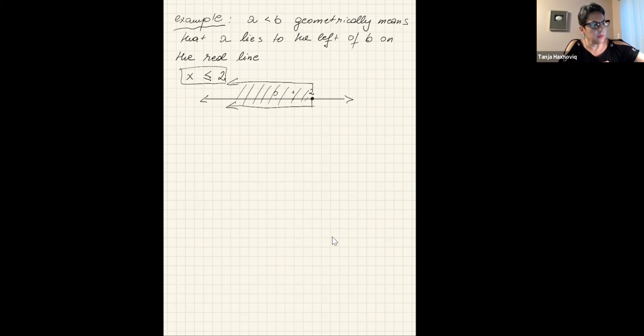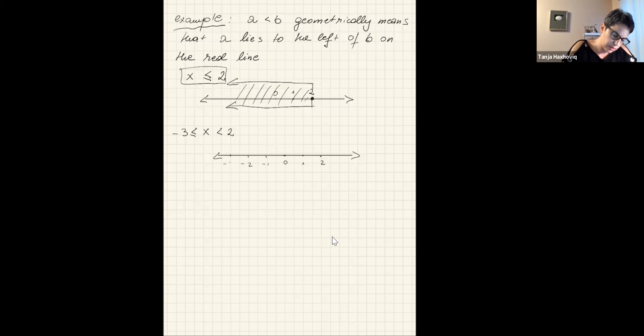Okay, what about all numbers that are greater than or equal to -3 but less than 2? Geometrically speaking, how do you represent them in the real line? Okay, again, let's point out where -3 and 2 are. So this is 0, this is 1, this is 2, -1, -2, -3.